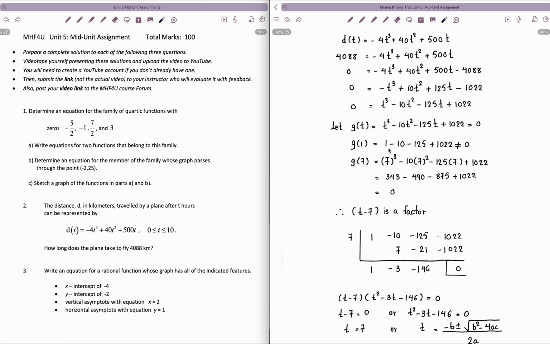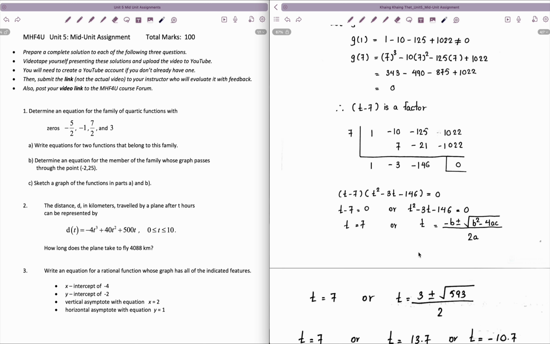So g(1) is not equal to 0. And now, when g(t) is divided by t minus 7, we'll find the value of t that results in a remainder of 0. So the factor will be of the form t minus 7. Therefore t minus 7 is a factor.